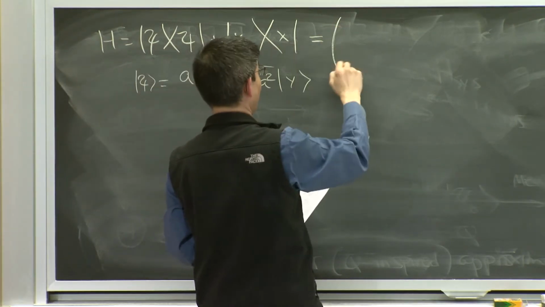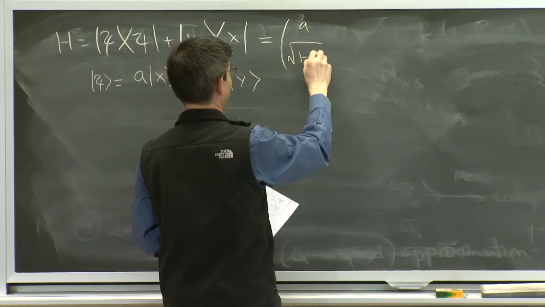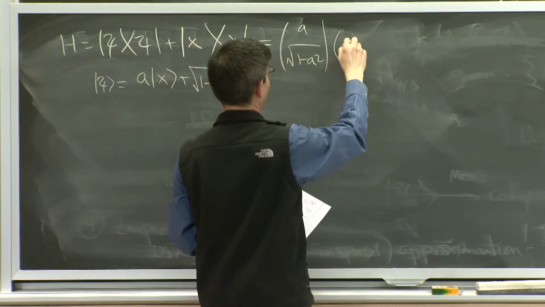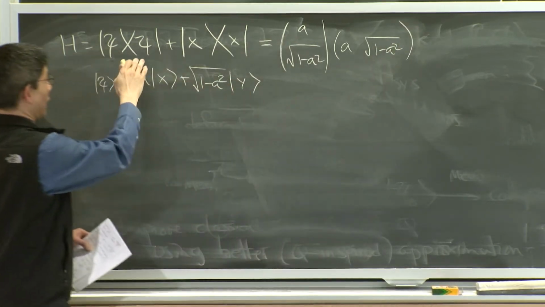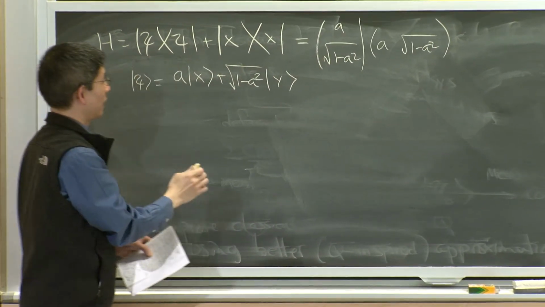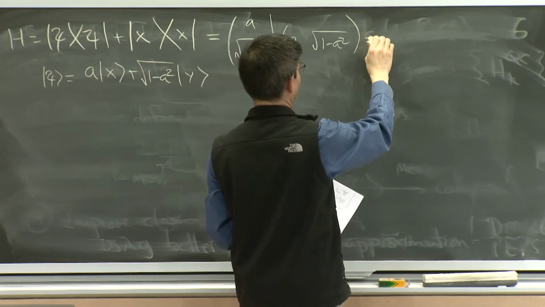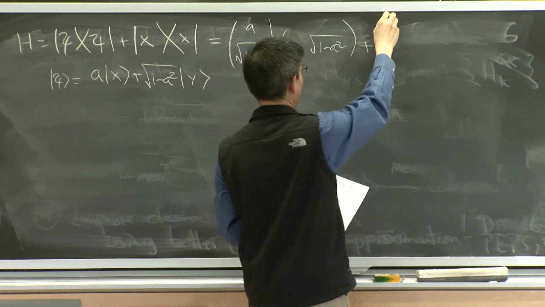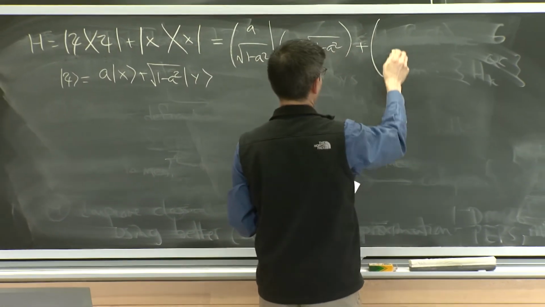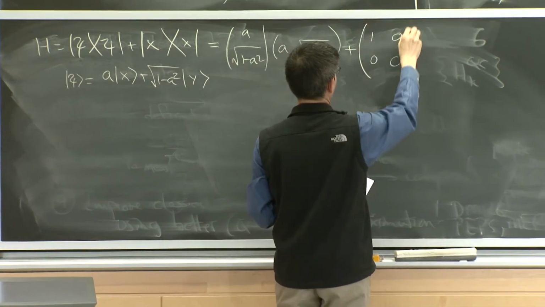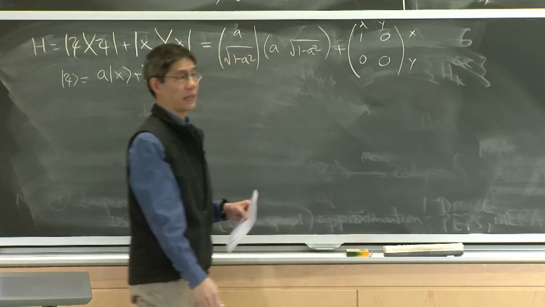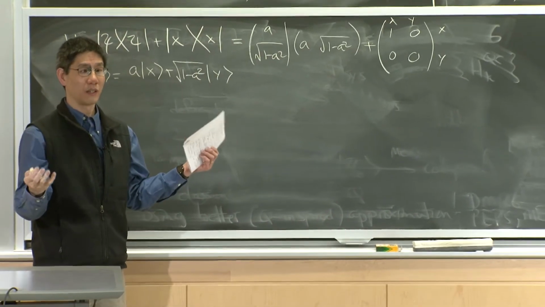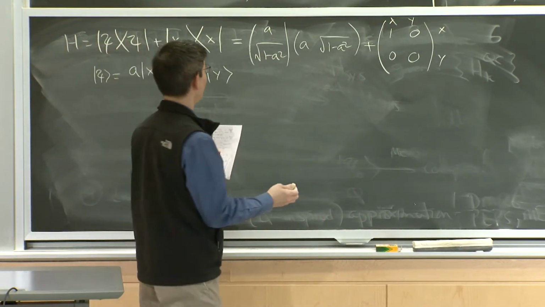We have here a, square root of 1 minus a squared, row vector a, square root of 1 minus a squared, literally taking the bra and the ket here, and then plus x x, which in this basis of x and y states is just a matrix with a single quantity in it, a 1.